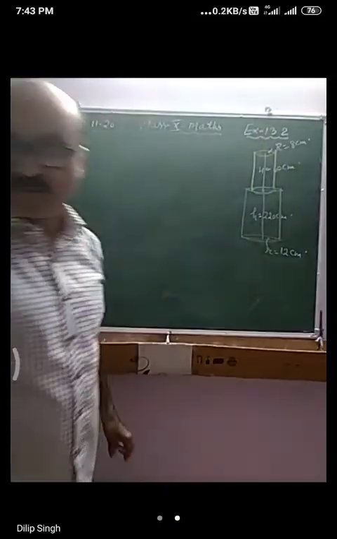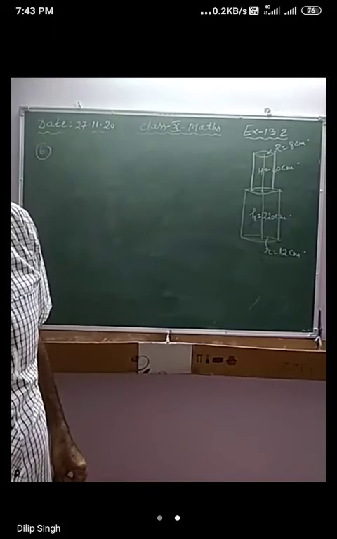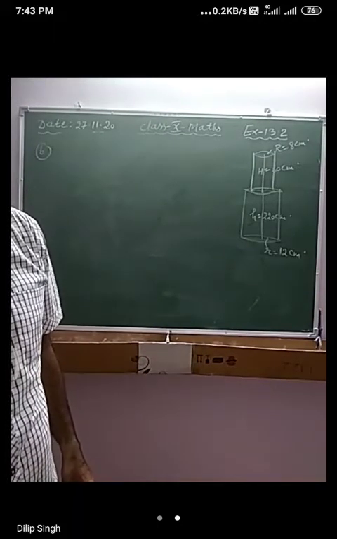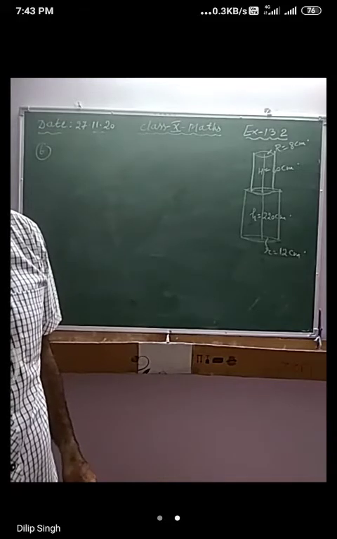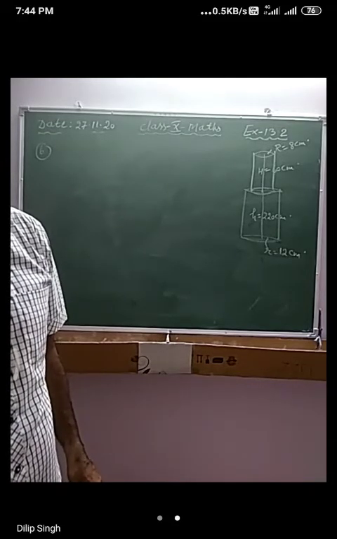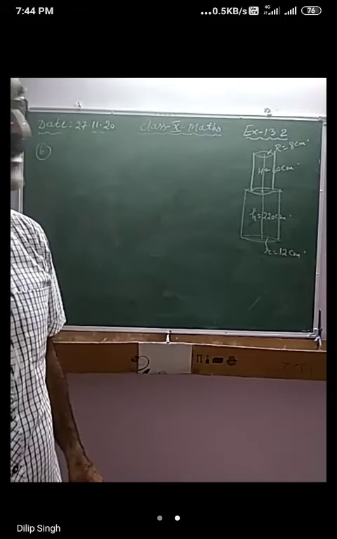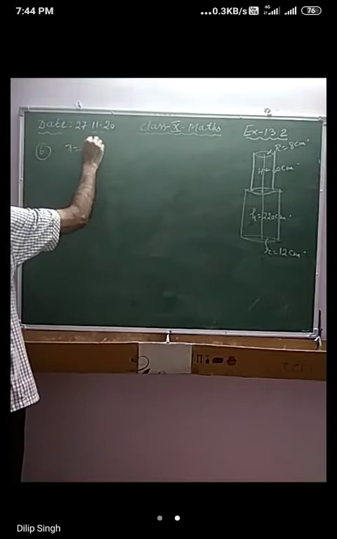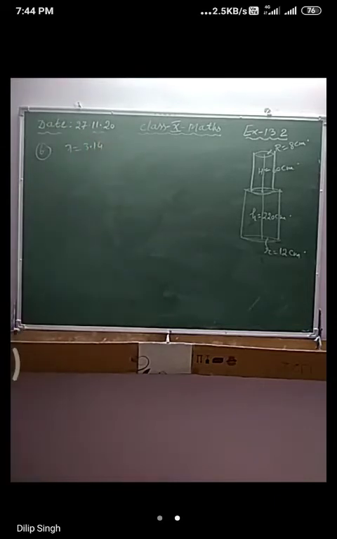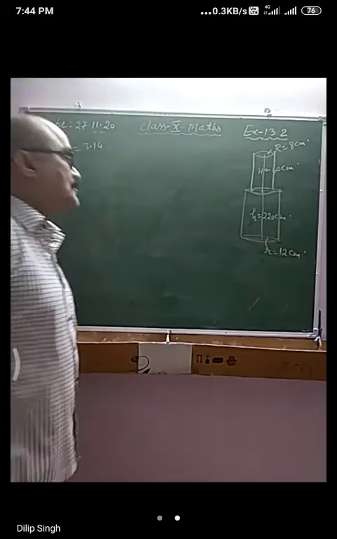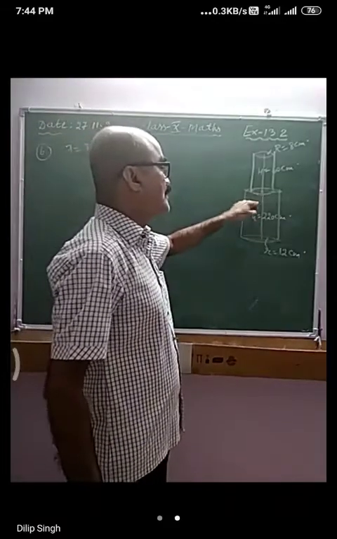Now what you need to find? You need to find the mass of the pole, and given that 1 centimeter cube of iron has approximately 8 gram of mass, and you have to use pi is equal to 3.14. So how will you find out the mass? For finding out mass, you need volume of the iron pole.